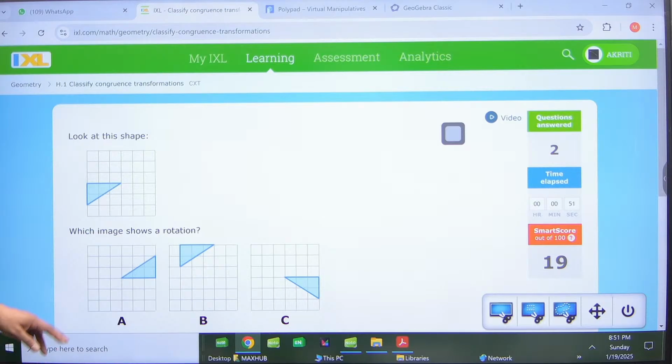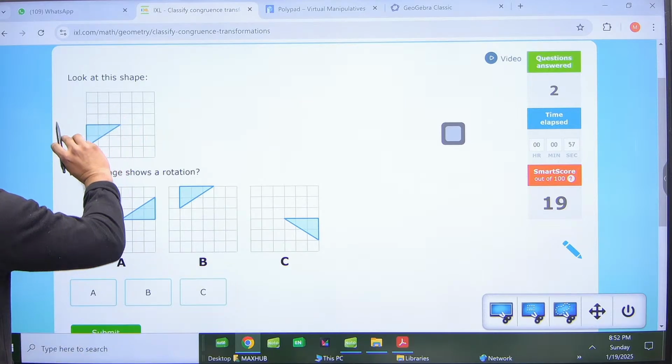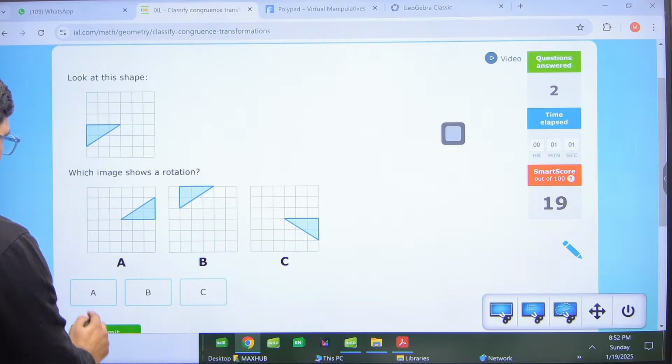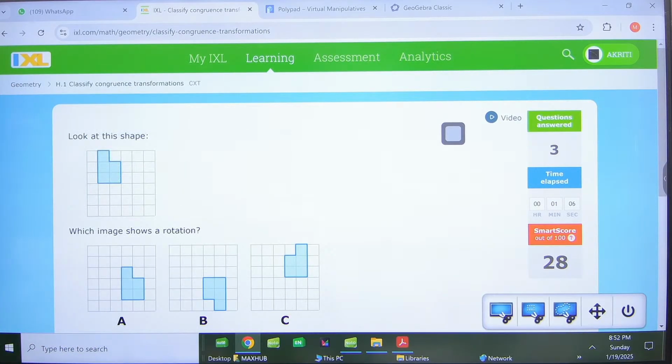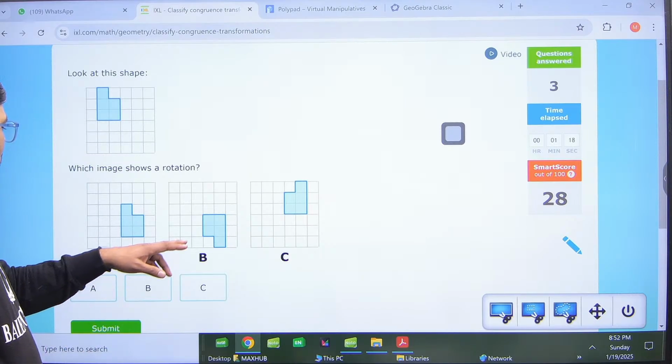A? Yes, A. Sure? So if you are rotating around this point, it will come around this. Okay, good one. Look at this shape. Which image shows the rotation? B. B?